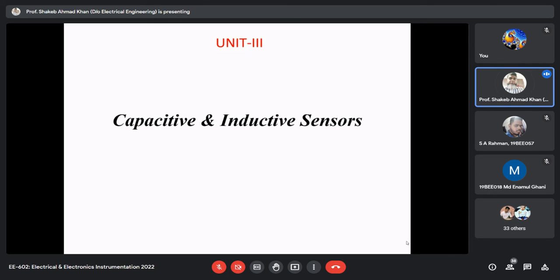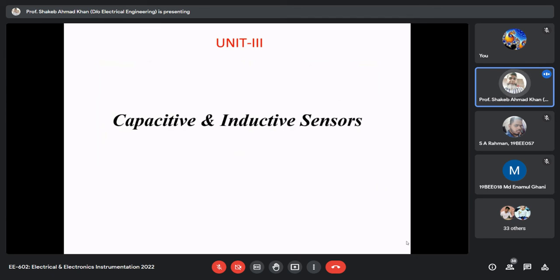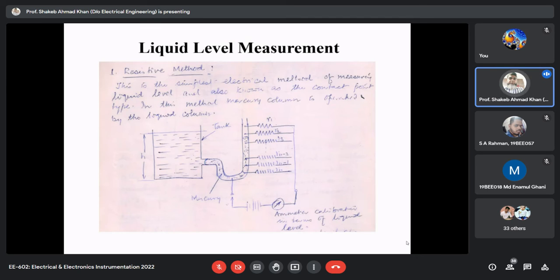Then we discussed the active sensor, thermocouple. Now I'm going to discuss the capacitive and inductive sensors. Although I'll discuss the capacitive sensor as a liquid level measurement. So I'm starting with the liquid level measurement. First of all I'm discussing some primitive techniques, and then I'll discuss some others.